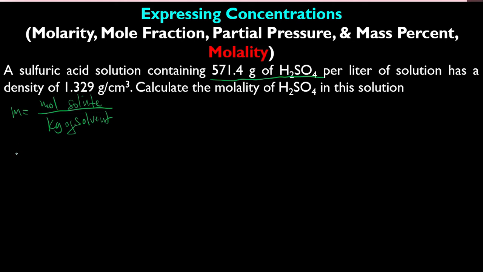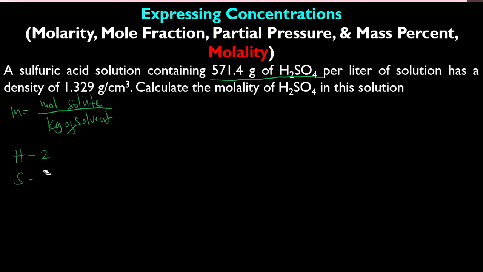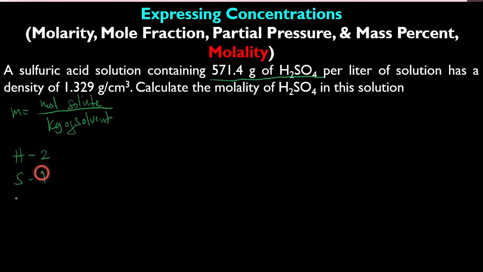In dihydrogen sulfate, we have two atoms of hydrogen, one atom of sulfur, and four atoms of oxygen, as you can see in the subscript. So the molar mass of hydrogen is 1.008 grams per mole.